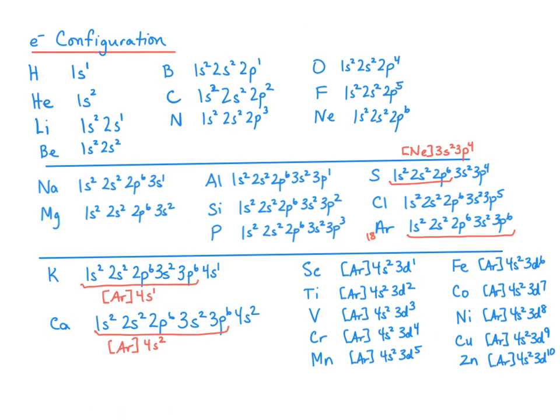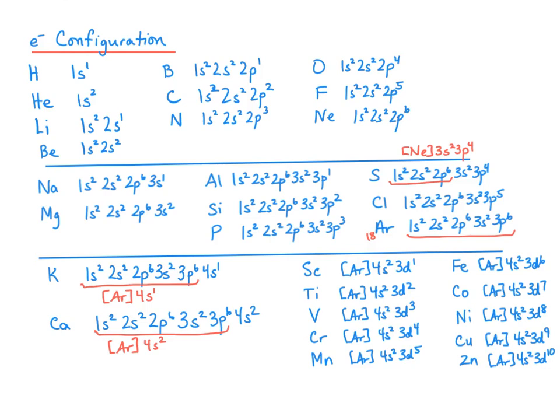Okay, so how are you going to know the order of this filling, the order of these sublevels? Well, let's make the connection between quantum theory and Mendeleev's periodic table, the shape of which, incidentally, was created prior to the quantum theory being developed. Okay, so take a look now through all these configurations for the elements found in group 1.